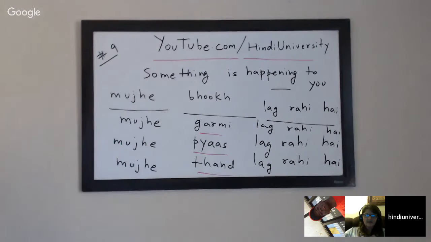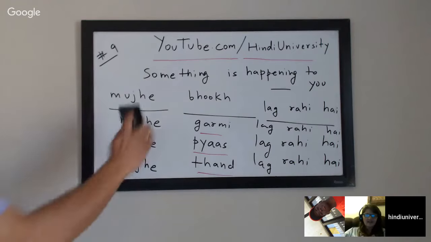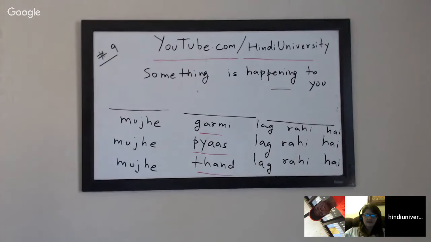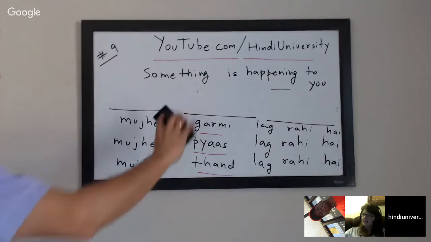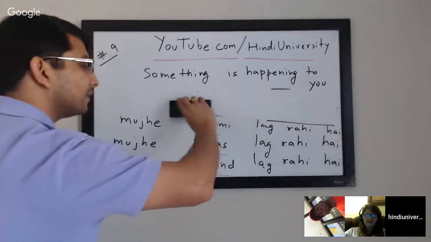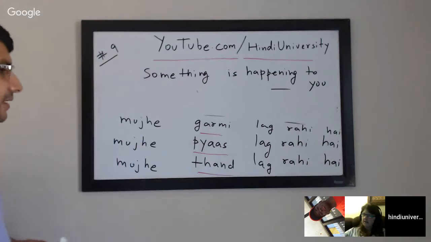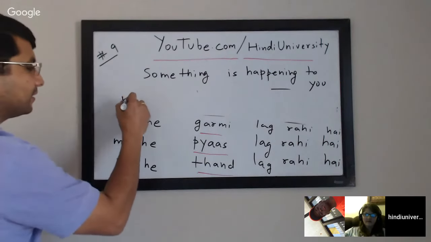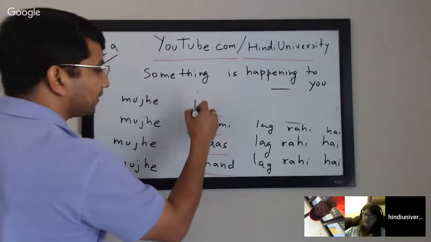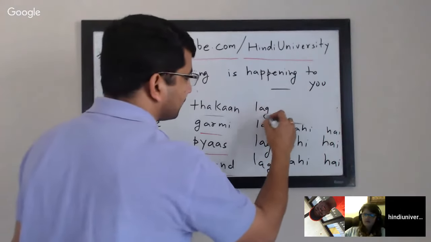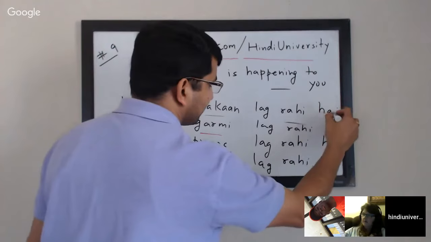Okay. How to say sleepy? What else can you say? Let me ask you guys now. Sleepy. I am tired. Very good, right? So you will say मुझे थकान लग रही है.